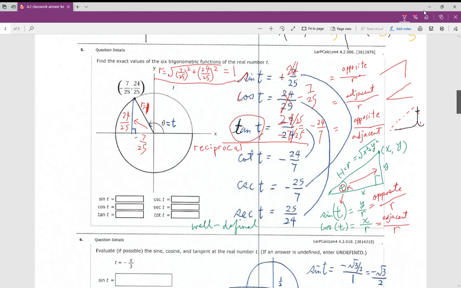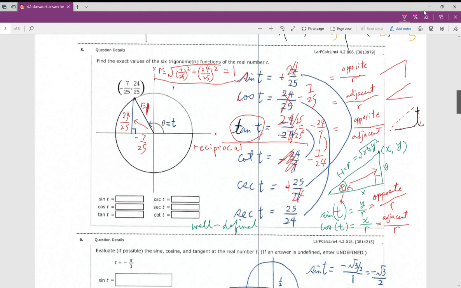Now the reciprocal of tangent, we call it cotangent, so it needs to be -7 over 24. And the reciprocal of the sine function will be positive 25 over 24.